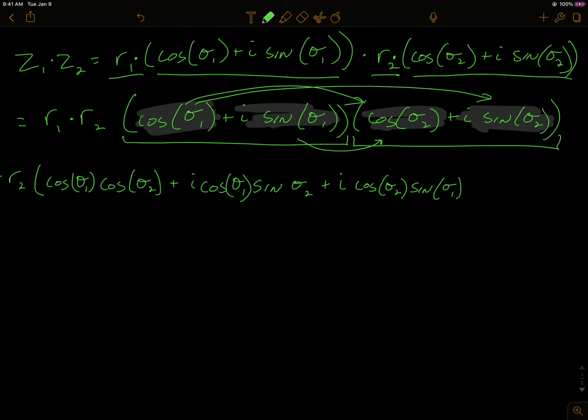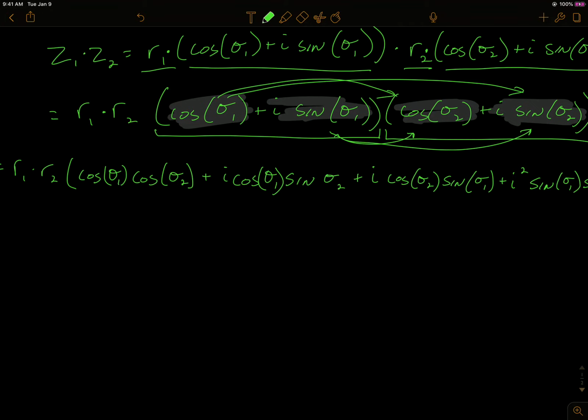And then I multiply that times that, and I get plus i squared sine theta sub 1 times sine theta sub 2.